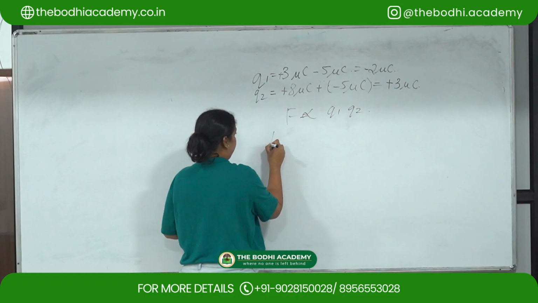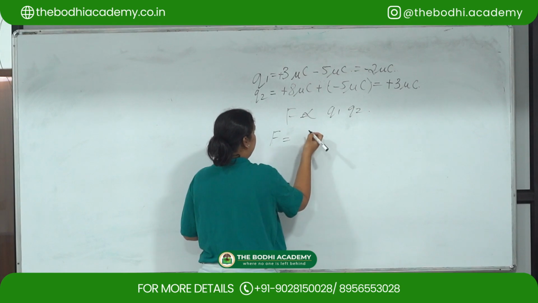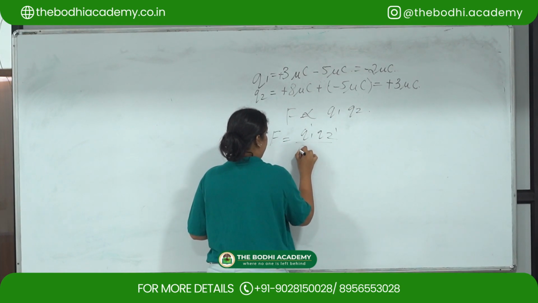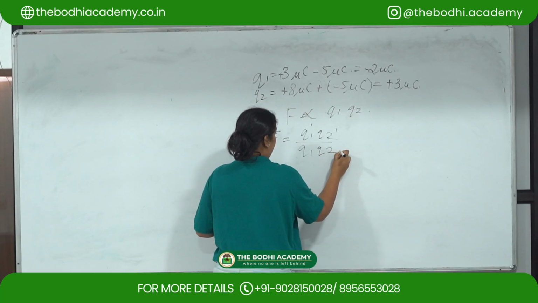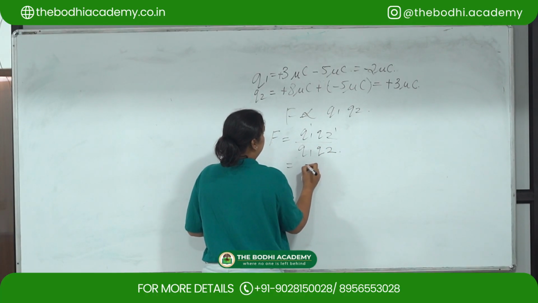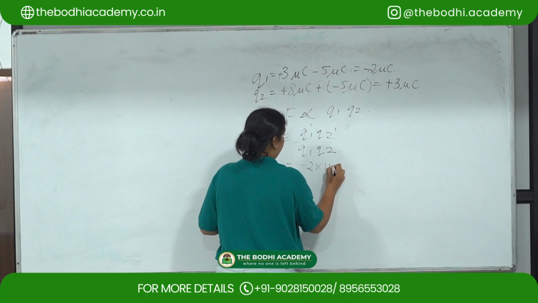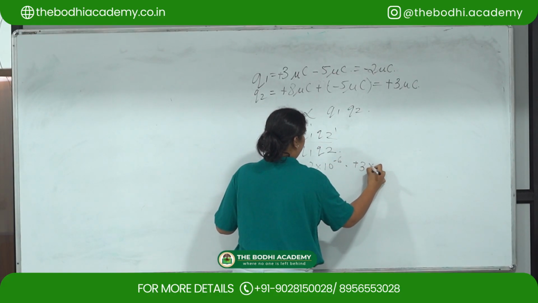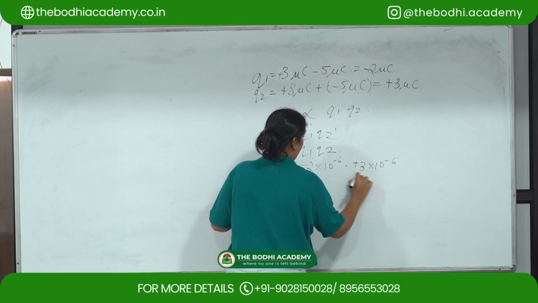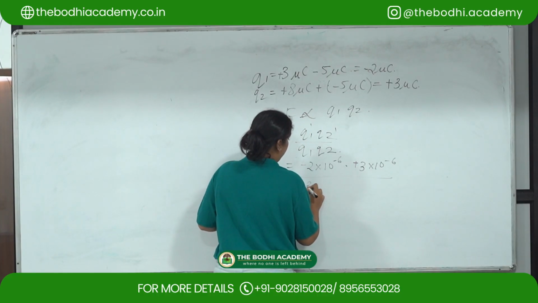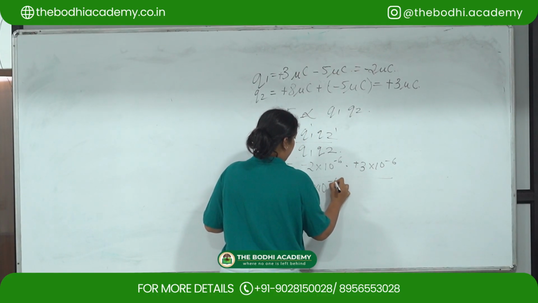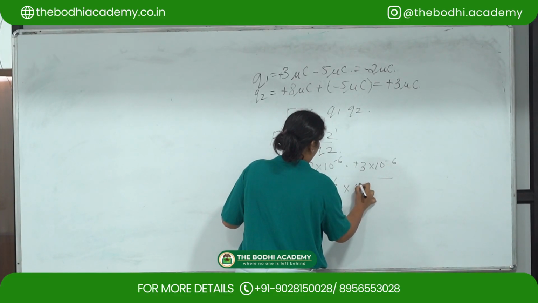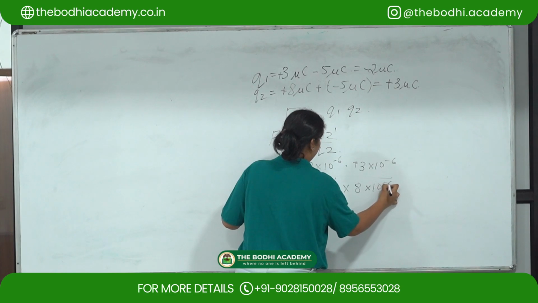So this is going to be F dash upon F is equal to Q1 dash Q2 dash upon Q1 Q2. So this will be minus 2 into 10 raised to minus 6 into plus 3 into 10 raised to minus 6 upon 3 into 10 raised to minus 6 into 8 into 10 raised to minus 6.